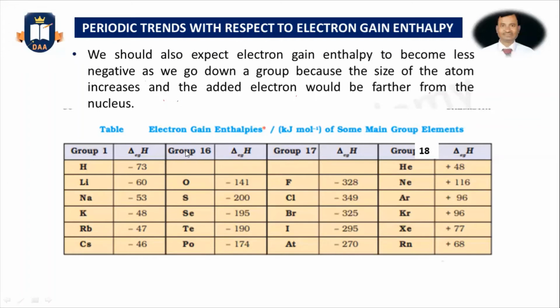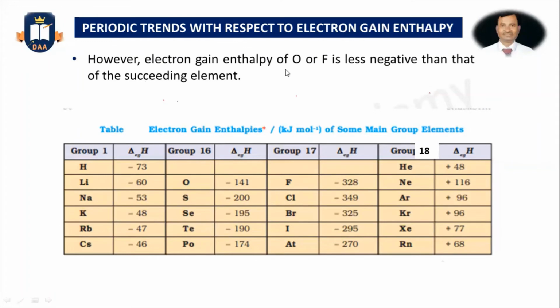In group number 16 also you can see the electron gain enthalpy of oxygen or fluorine is less negative than that of the succeeding elements. If you consider oxygen, the next element is sulfur. Compared to sulfur, whose electron gain enthalpy is minus 200, for oxygen it is less negative, minus 141.